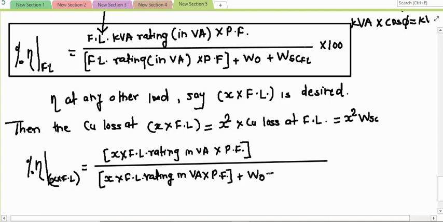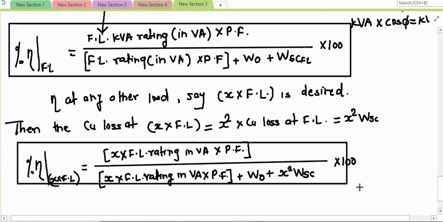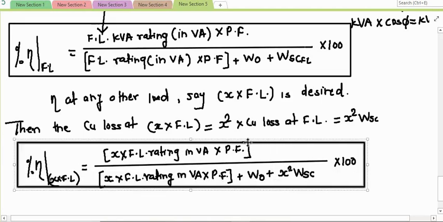So W0 I will write down as it is, and your copper loss will change as a square of that fraction. So x square into WSC, into 100. So you can find out the efficiency at any fraction of the load.